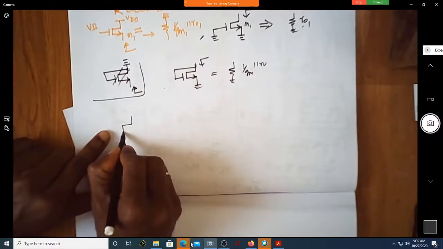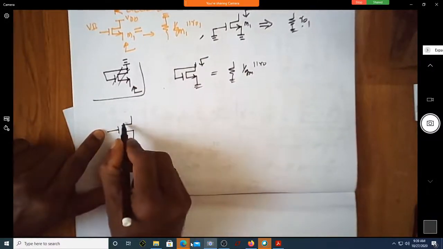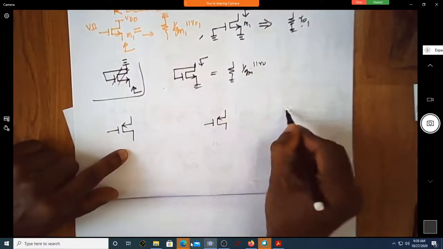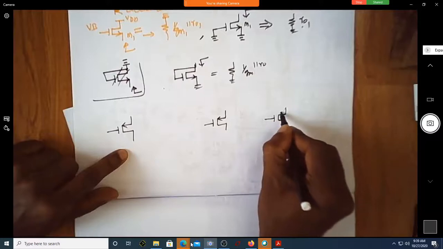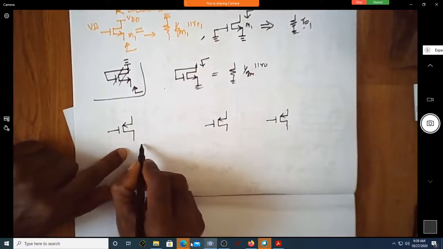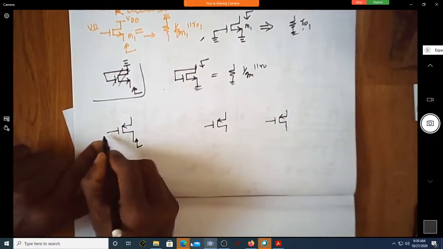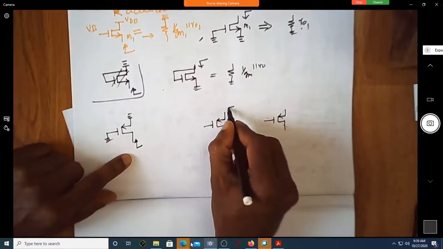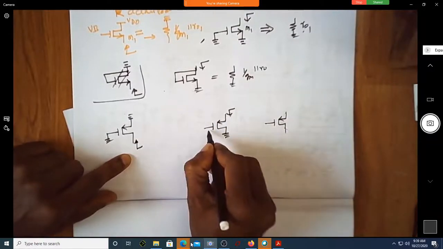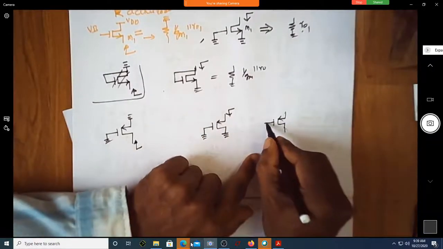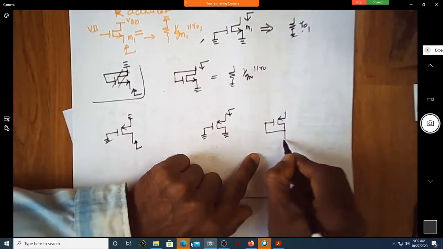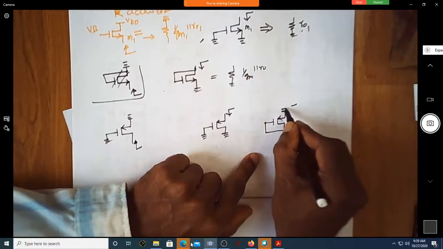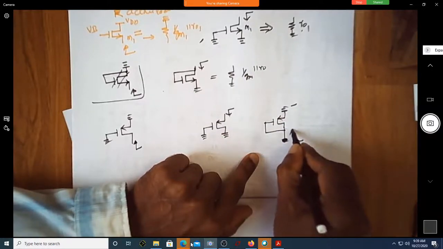Now assume the same thing happens with a PMOS. I will AC ground this and look from here.